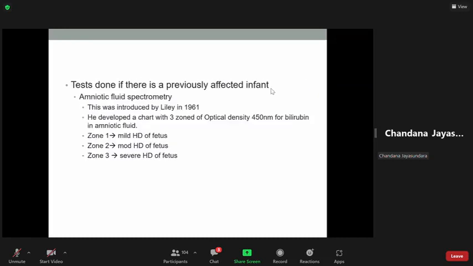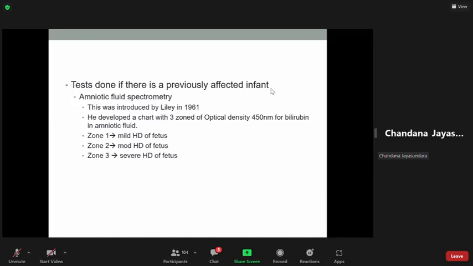So how are we going to check whether there is anemia or not? The first thing that we can do is amniotic fluid spectrometry. For that, we have to do amniocentesis, and we take some amniotic fluid and we check the bilirubin level at an optical density of 450. In that optical density, the bilirubin level is checked.